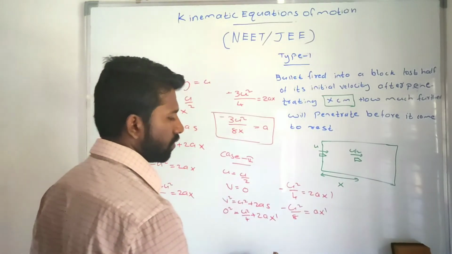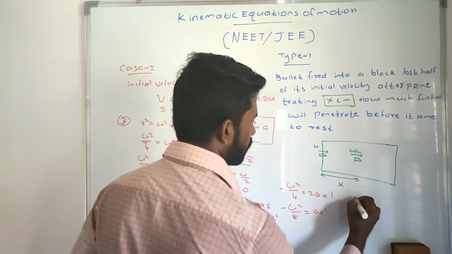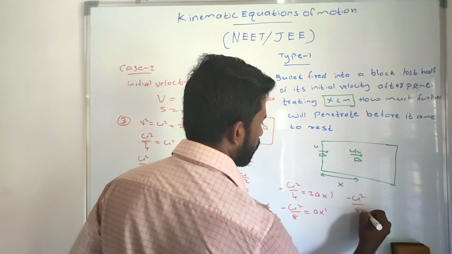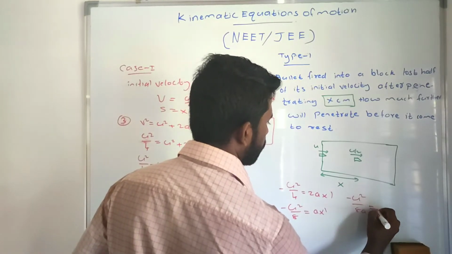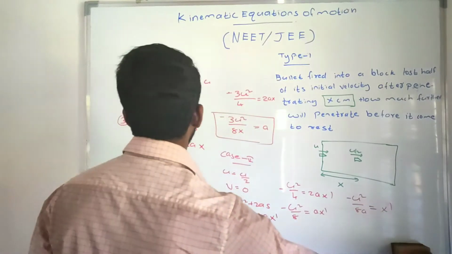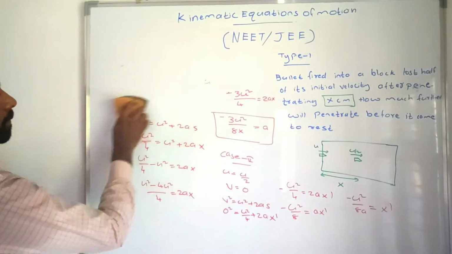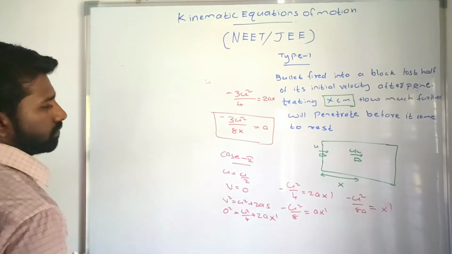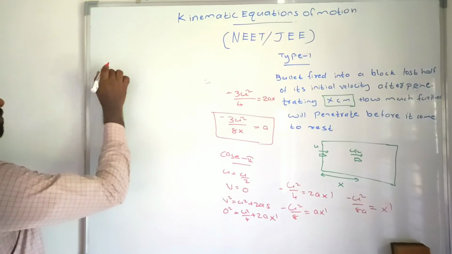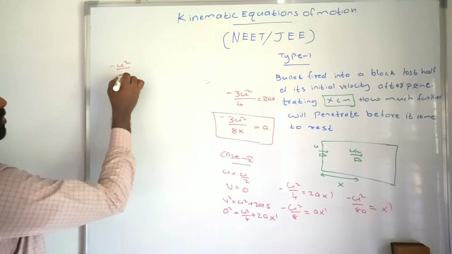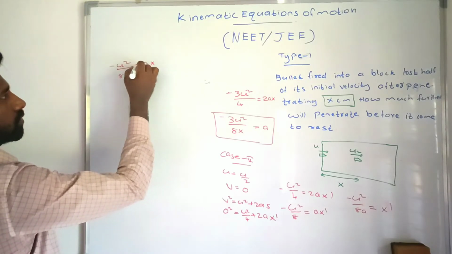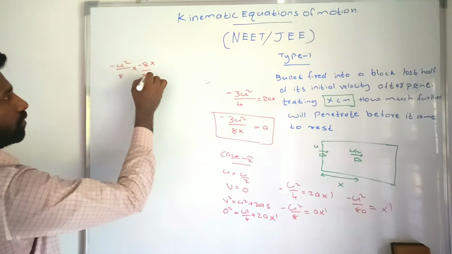I am substituting the a value. So we get minus u square by 8 divided by a, that is equal to x dash. What about the a value? This is the a value, minus u square by 8 into, the a value being minus 3u square by 8x, that is minus 8x by 3u square.